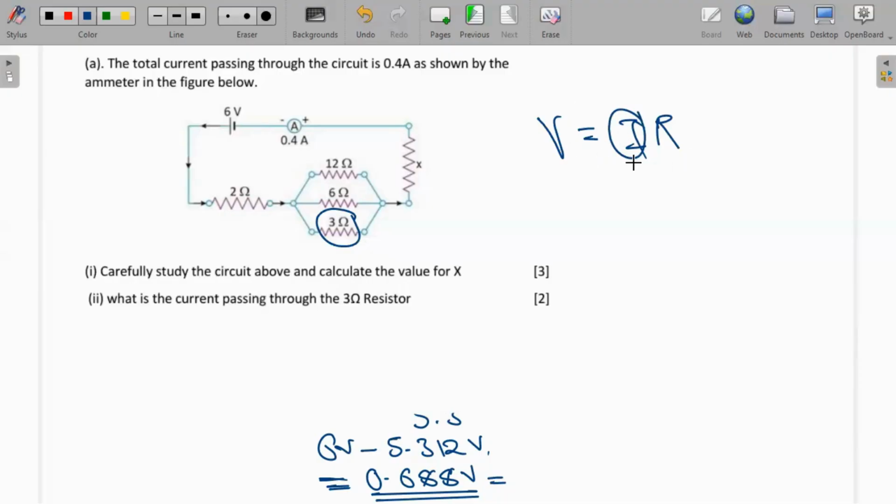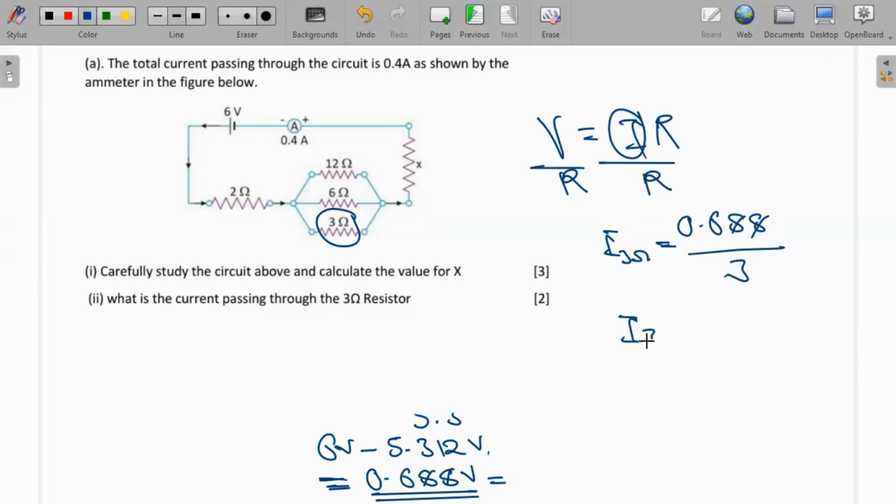It's the one we are looking for. So divide both sides by R. Our current in the 3 ohm resistor will be equal to the voltage on the 3 ohm resistor, which is 0.688, divided by the resistance of the 3 ohm resistor, which is 3.